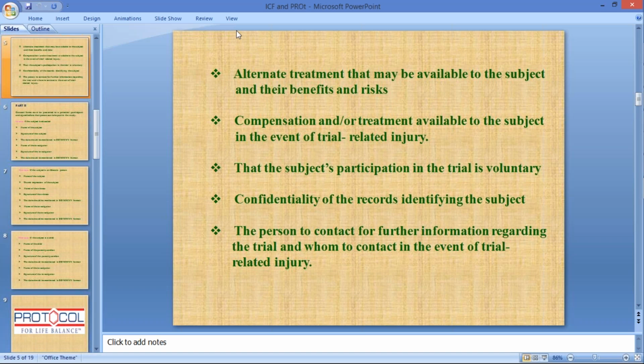Person to contact for further information, or in case they want to know what to inform about trial-related injuries, whom to contact. So the contact person's name, person to contact for further information.